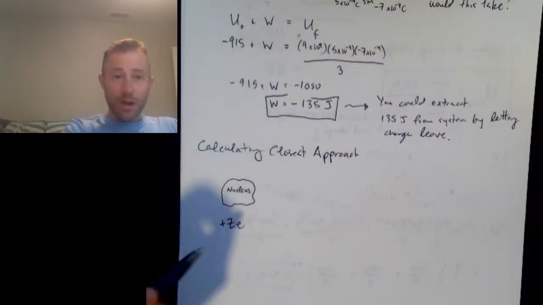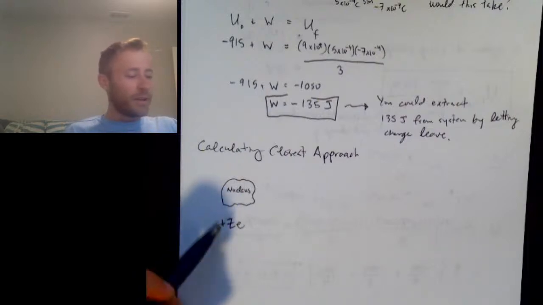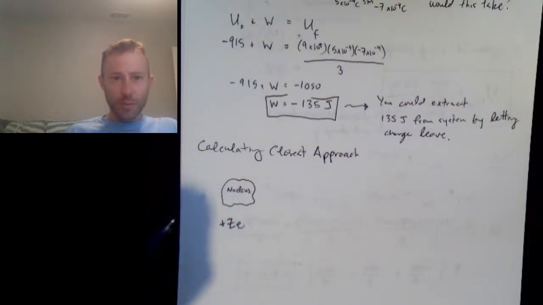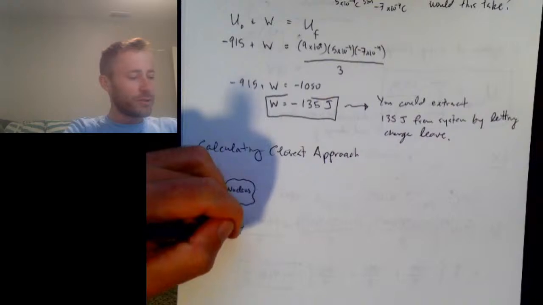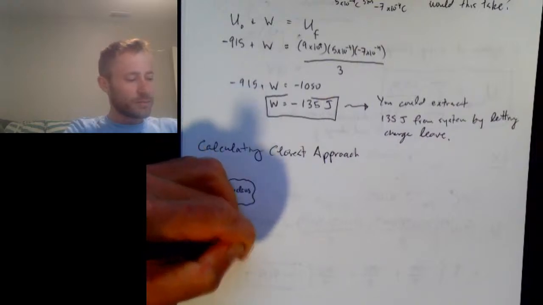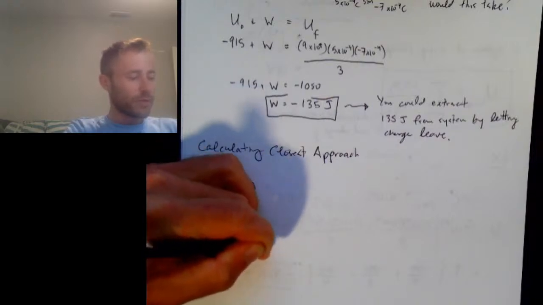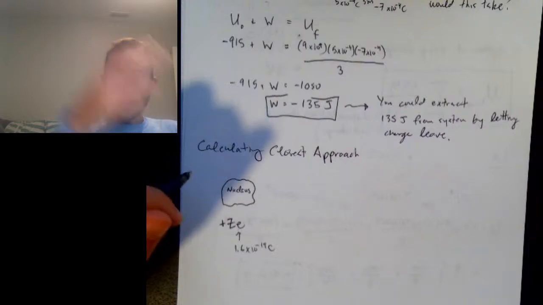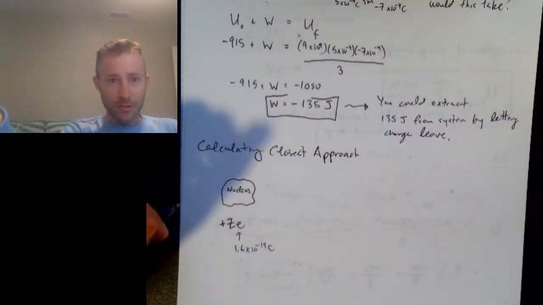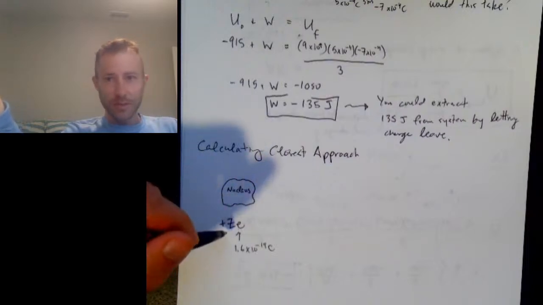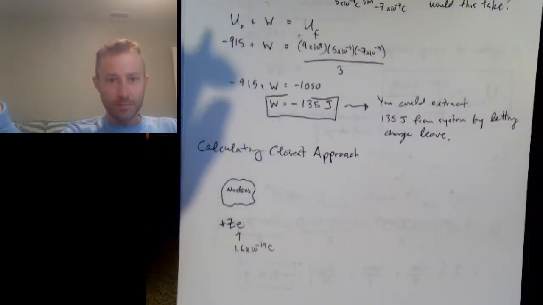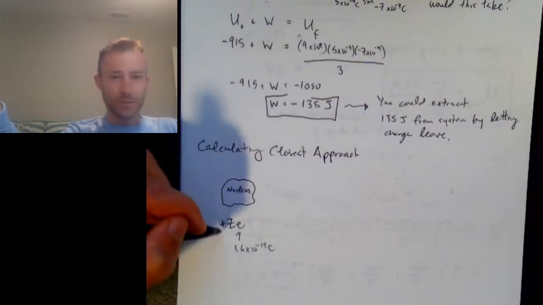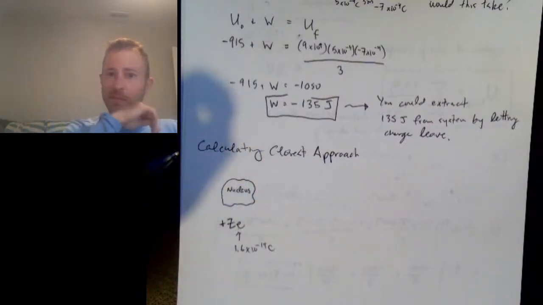So Z is the atomic number, and e is the fundamental charge, 1.6 times 10 to the minus 19 coulombs. If we were talking about carbon, for example, carbon has an atomic number of 6. So its charge will be positive 6 times the fundamental charge.